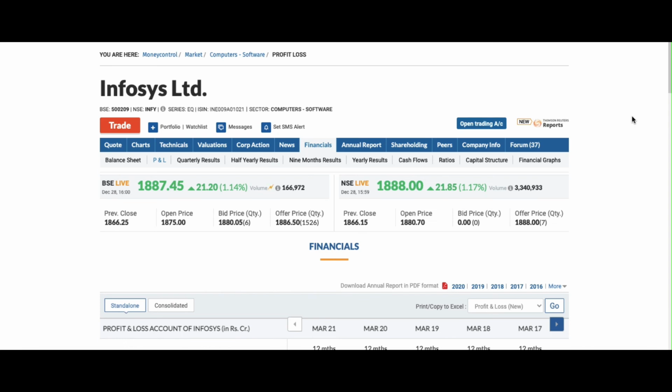So the project pipeline is also strong for IT companies, and in future they can give good returns. So this is one company which you can study over the long term. Again, it is not an investment advice or any recommendation. Before investing in the company, you have to do your own due diligence, or take consultation from your financial advisor.